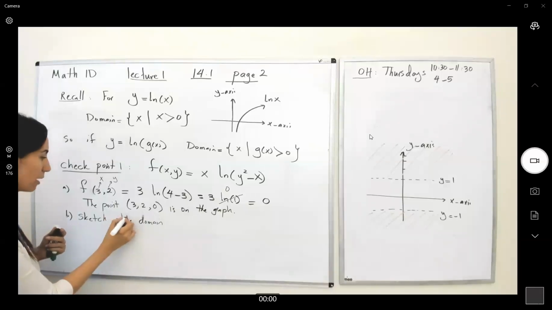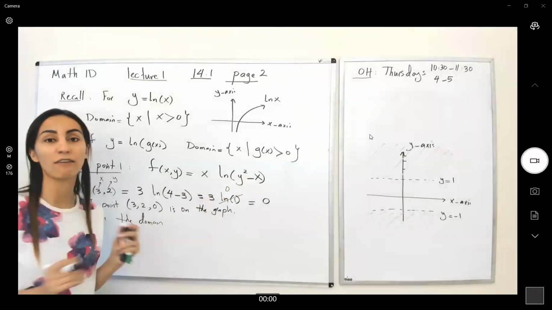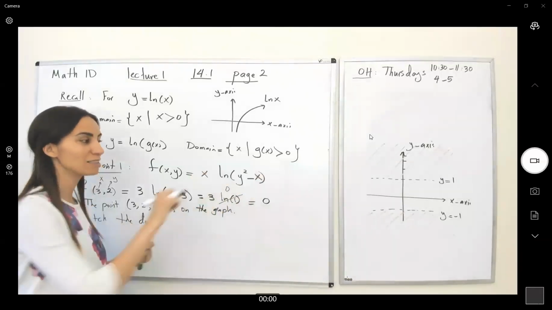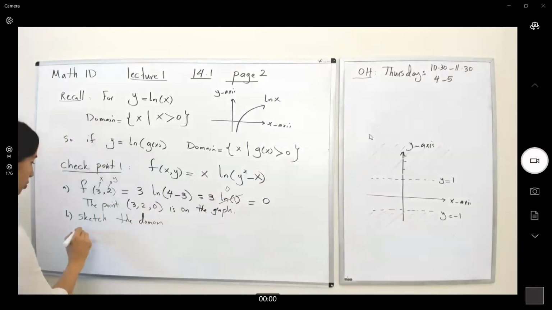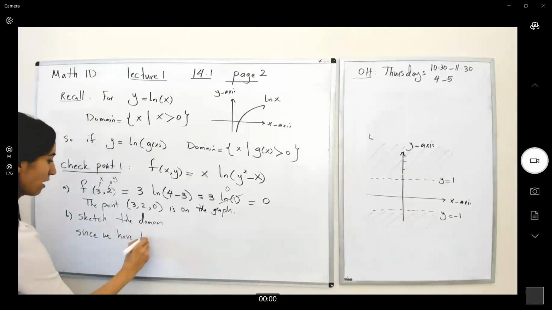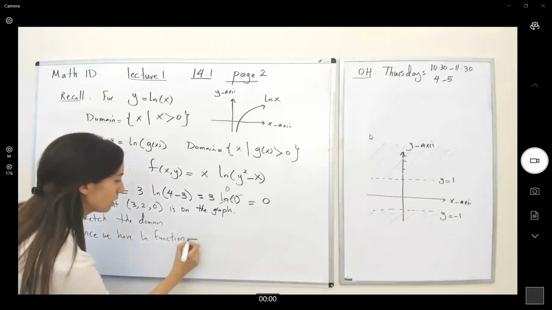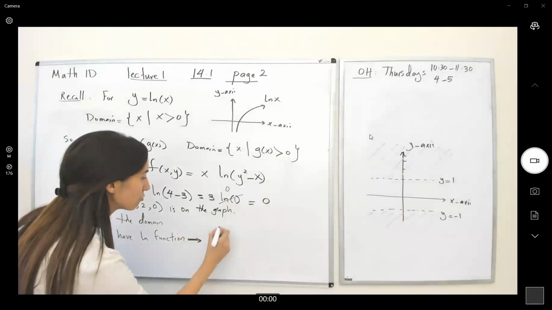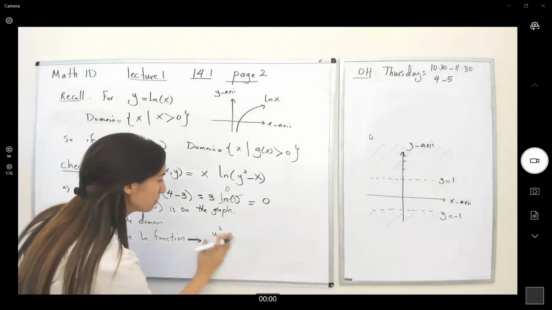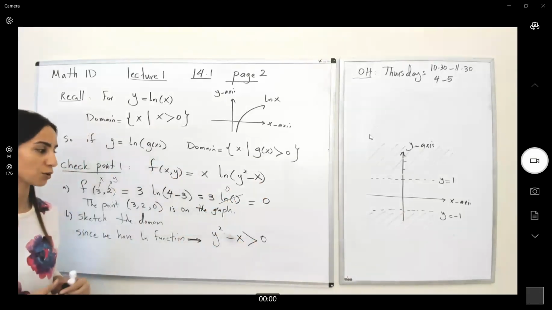And let's talk about the domain of the function. Okay, so again, we have the Ln function. The quantity inside parentheses cannot be 0, and it cannot be negative. Since we have the Ln function, we have to take the quantity, whatever it is, and set it greater than 0. y squared minus x must be greater than 0.